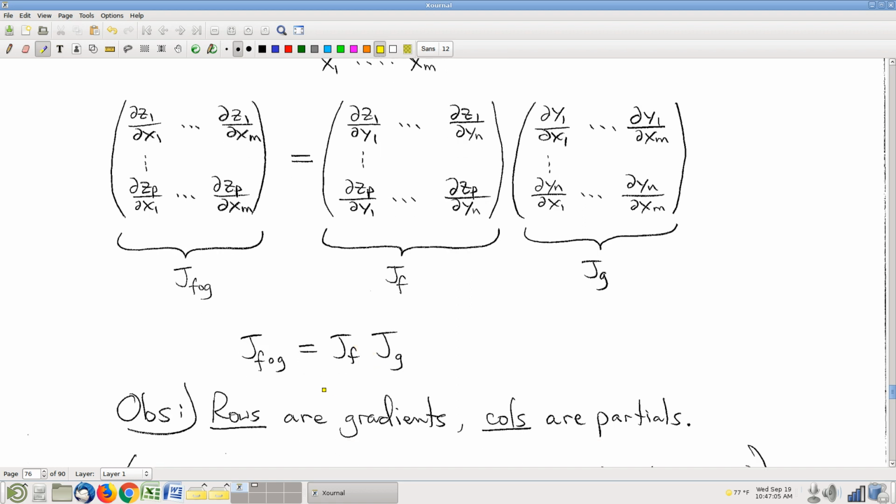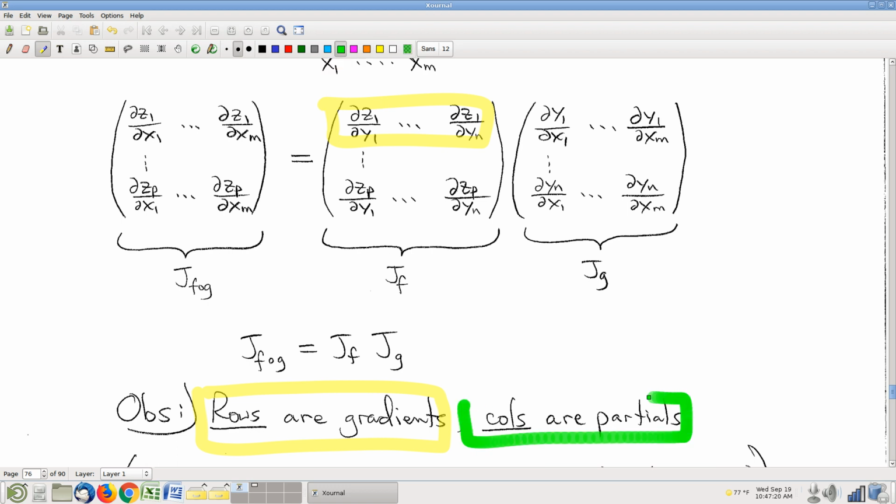A couple other quick observations. Rows of a Jacobian matrix: each row, as you may notice, is a gradient vector. How about that? It ends up being a convenient observation sometimes. Notice also the columns. Let's look at that column.